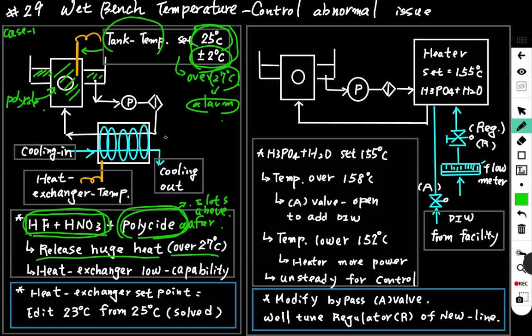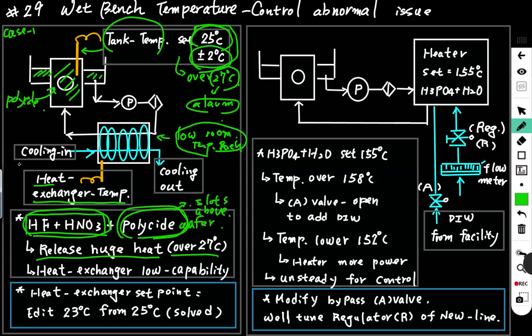So we see that because it's a low approach to room temperature base, it just uses a simple heat exchanger to maintain its temperature. The heat exchanger is very simple.